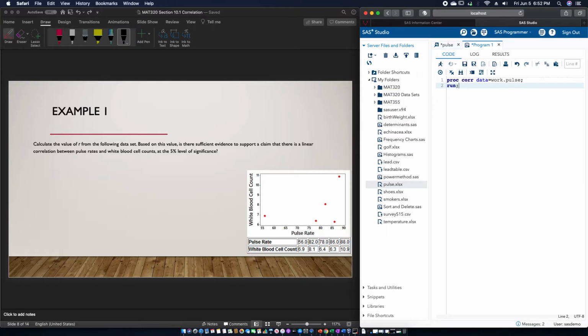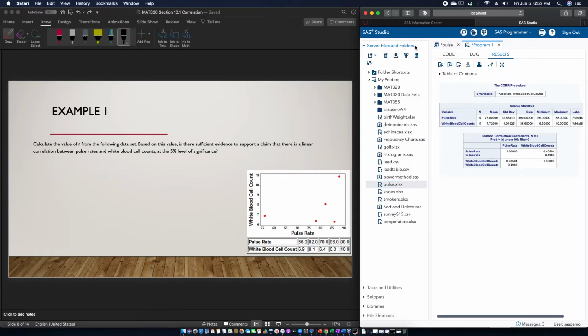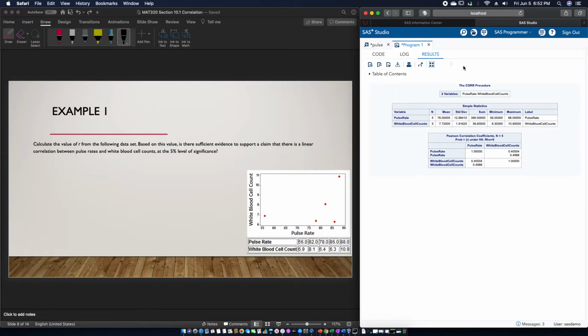Okay? And doing so will give us this correlation coefficient, although it's in a special place, we'll see what that is in a second. Let me just move this over. Okay. So on here, we have our correlation coefficient specifically mentioned right here and right here.